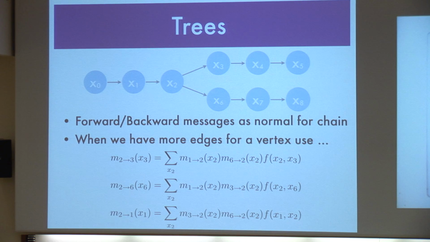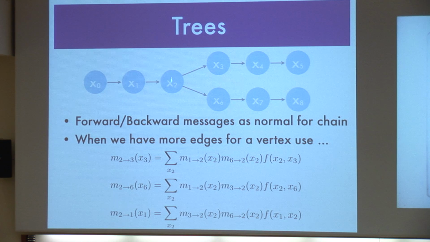So in that case, if I, for instance, want to go from variable 2 to variable 3, I need to incorporate all the messages coming in from x1, but I also need to look at how x6 is behaving. So I need to incorporate the message going from 6 to 2, from 1 to 2, and the coupling function that couples x2 and x3.